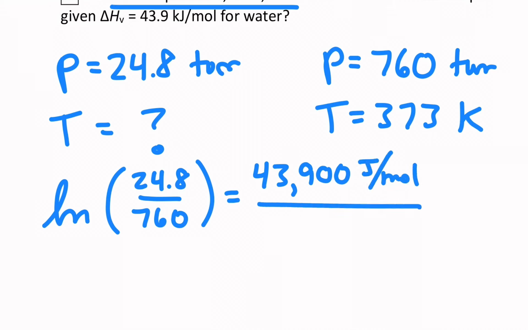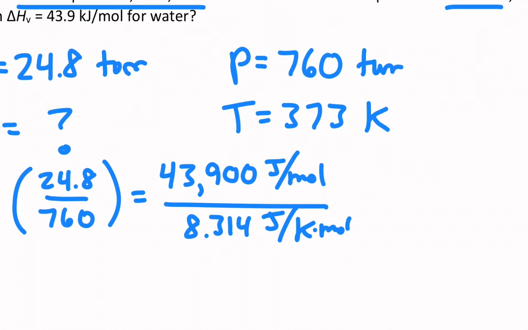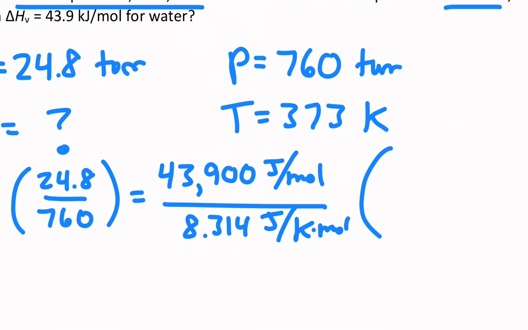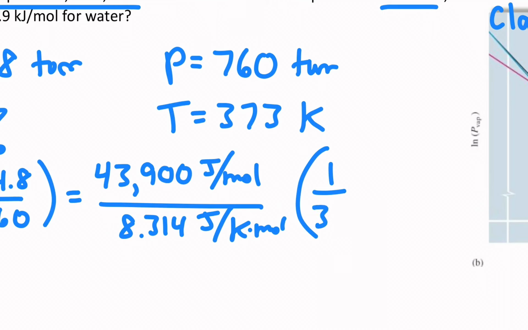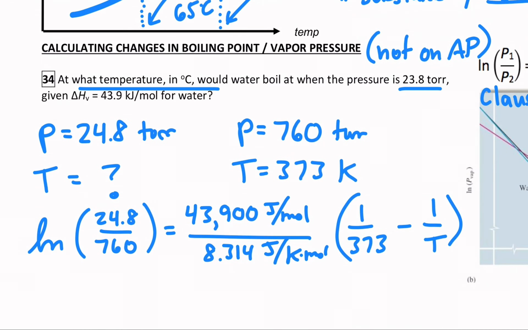That's because the R value is 8.314 joules per Kelvin mole. And then times the difference in the inverse temperatures, which will be 1 over 373 minus 1 over some unknown. And now it's just a task of calculator skills to see what the final temperature is.